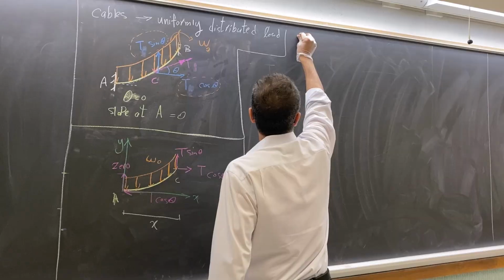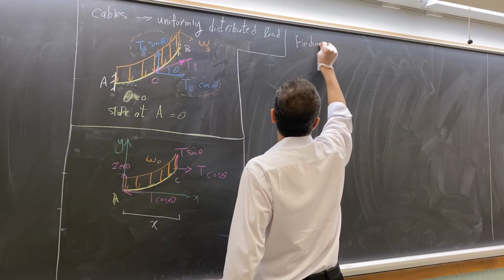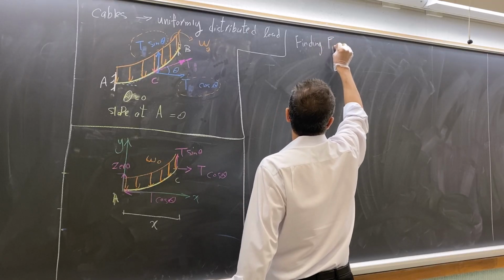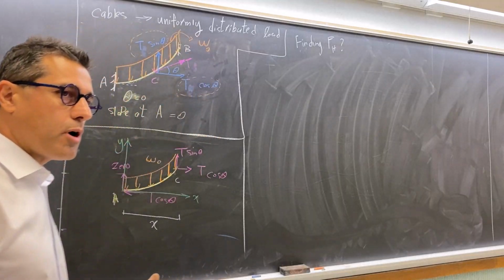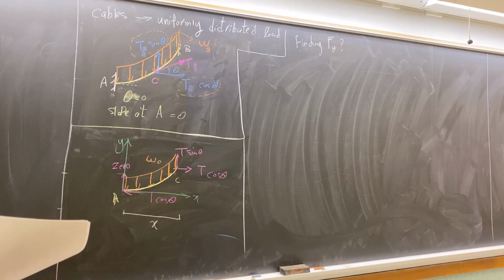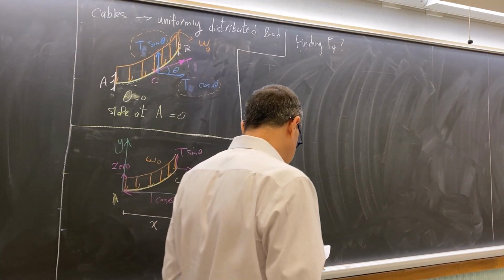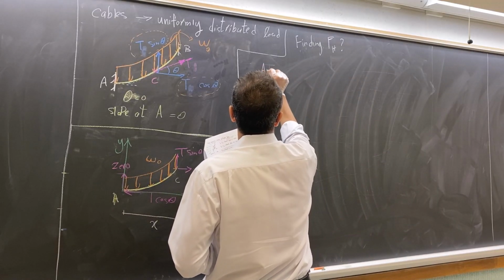The question is, okay, how to find FH? FH was the horizontal component of internal force in the cable, and it was constant through the entire cable. We need to have, so let's write the answer.